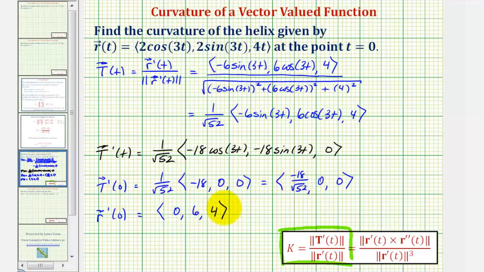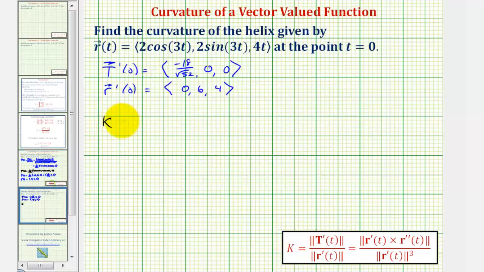Now that we have these two vectors, we can determine their magnitudes, then their quotient, to determine the curvature. Let's go ahead and do this on the next slide. The curvature at t equals 0, again, is equal to the magnitude of T prime of 0 divided by the magnitude of r prime of 0.